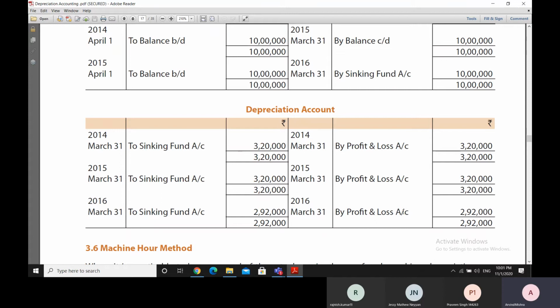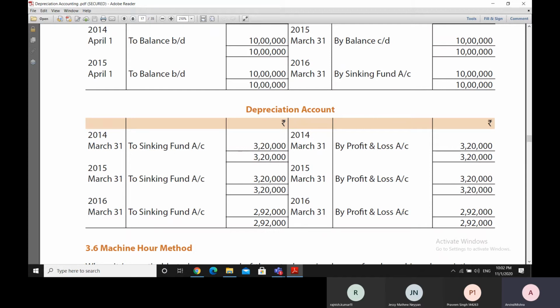As far as the depreciation account is concerned, in the first year, we are transferring 3,20,000 rupees from the profit and loss account and transferring it to the sinking fund account. Again, in the next year, an amount of 3,20,000 rupees is being transferred from profit and loss to the sinking fund account.